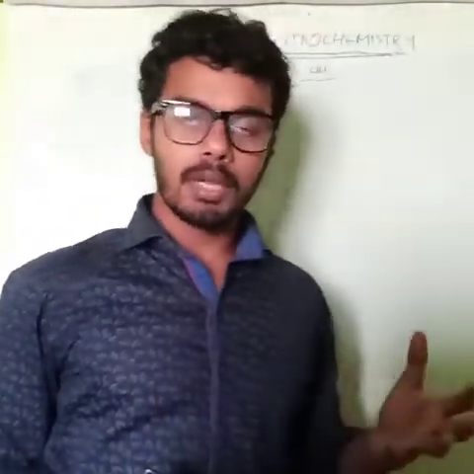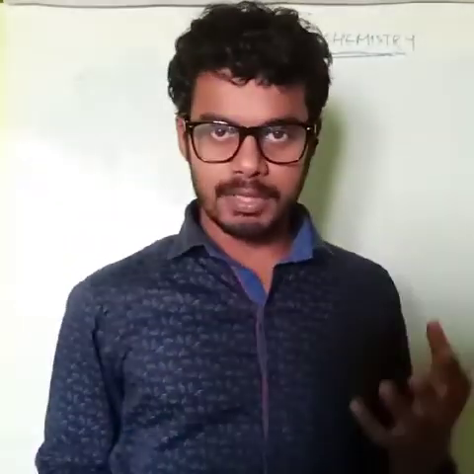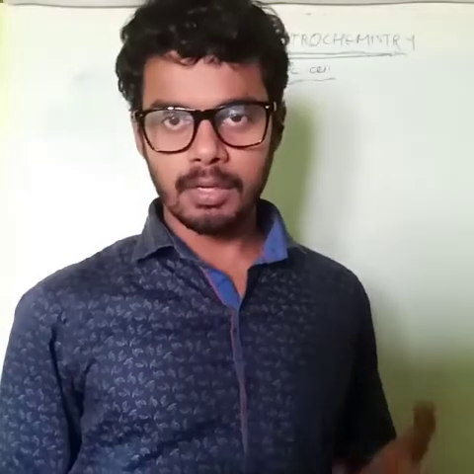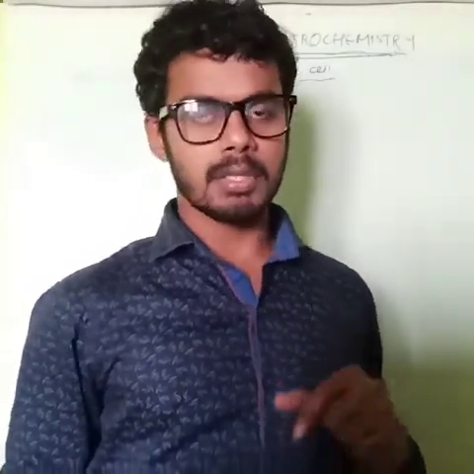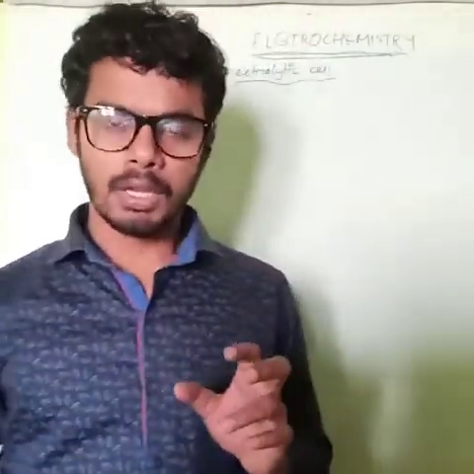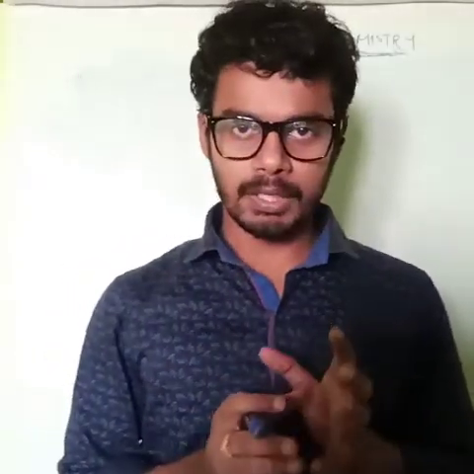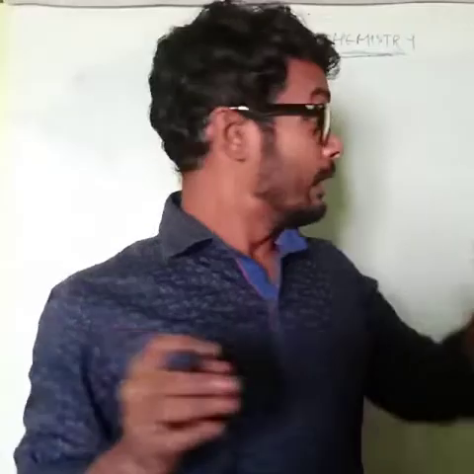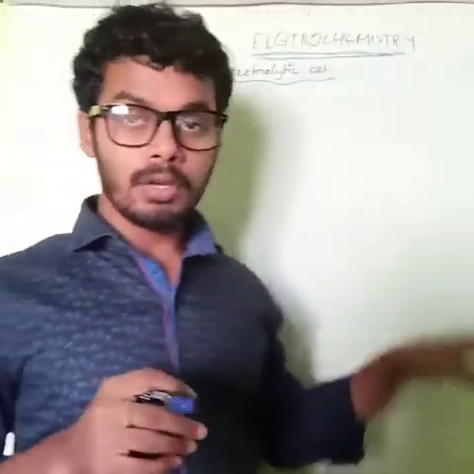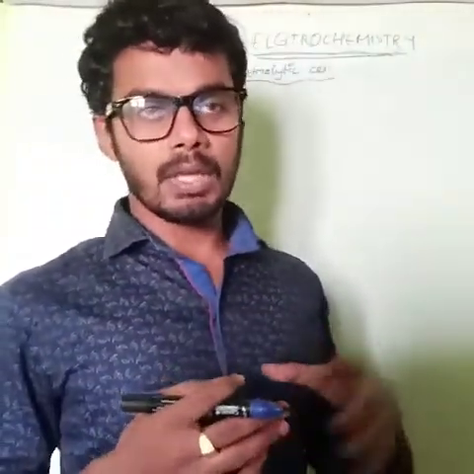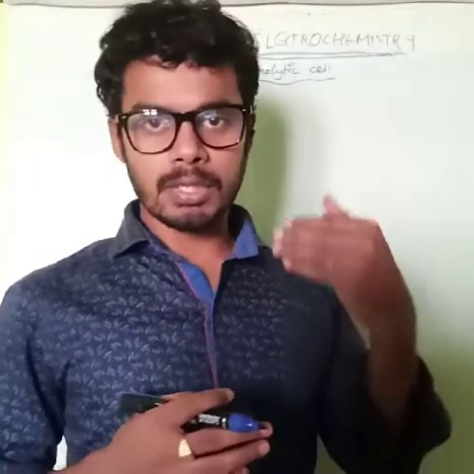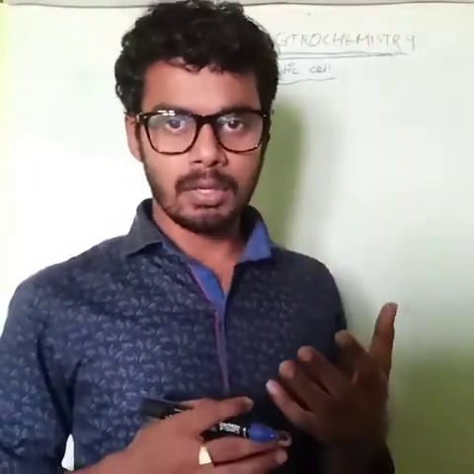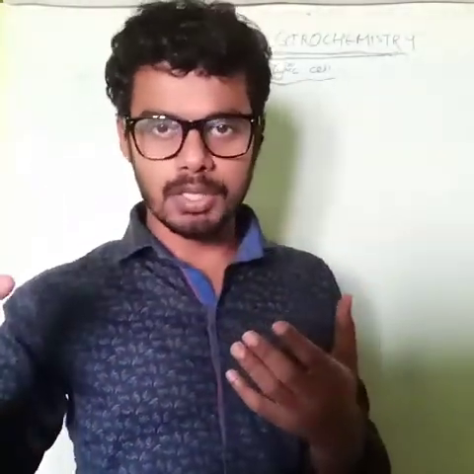Till today we have been reading about the galvanic cell, or electrochemical cell, or voltaic cell, which is the device where we convert chemical energy to electrical energy. In this particular cell, we supply electrical energy, and that leads to a chemical change.